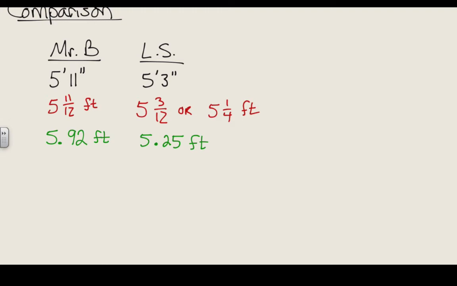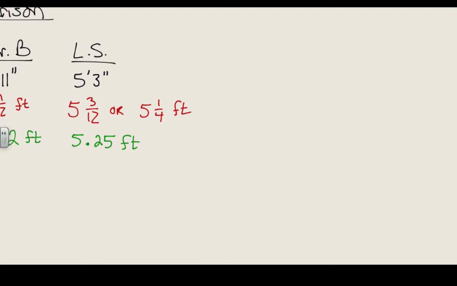Okay? So the first way we can write a ratio, okay, is to use the word to. So I could say 5.92 feet to 5.25 feet.